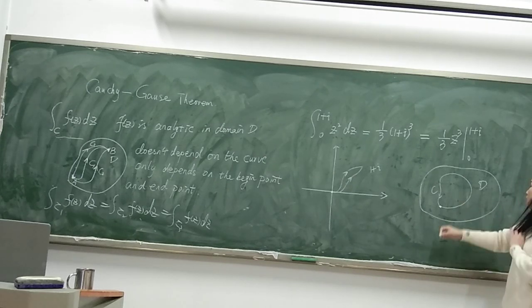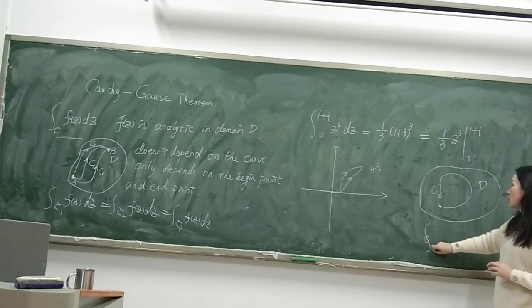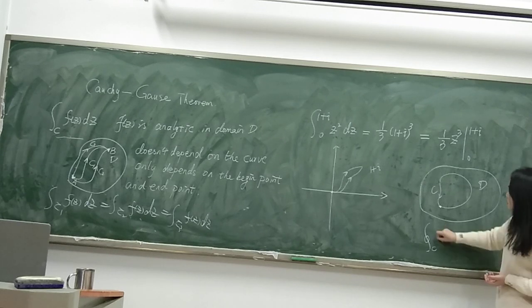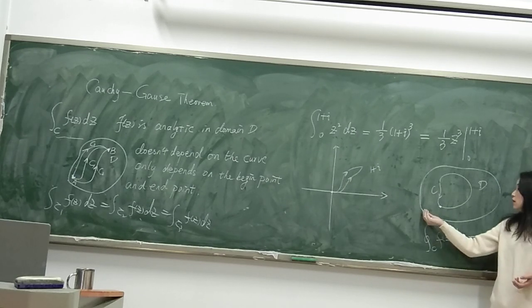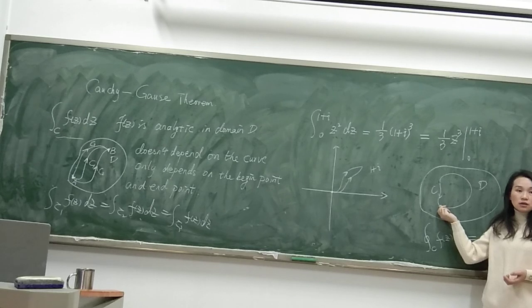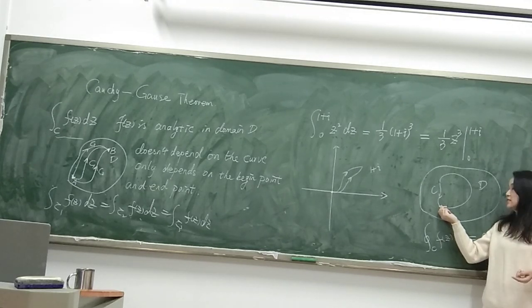So if this C is closed and this f(z) is also analytic, the integral equals 0, because the beginning point and the end point are the same.